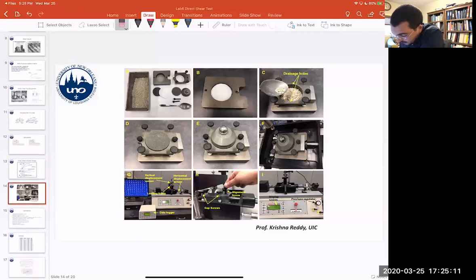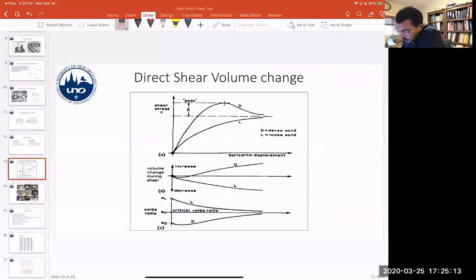Now, the first thing you need to get is the volume, or the volume changes, if we start with a dense sand or loose sand. This is the shear stress that we will see, and this is the horizontal displacement that we will see.